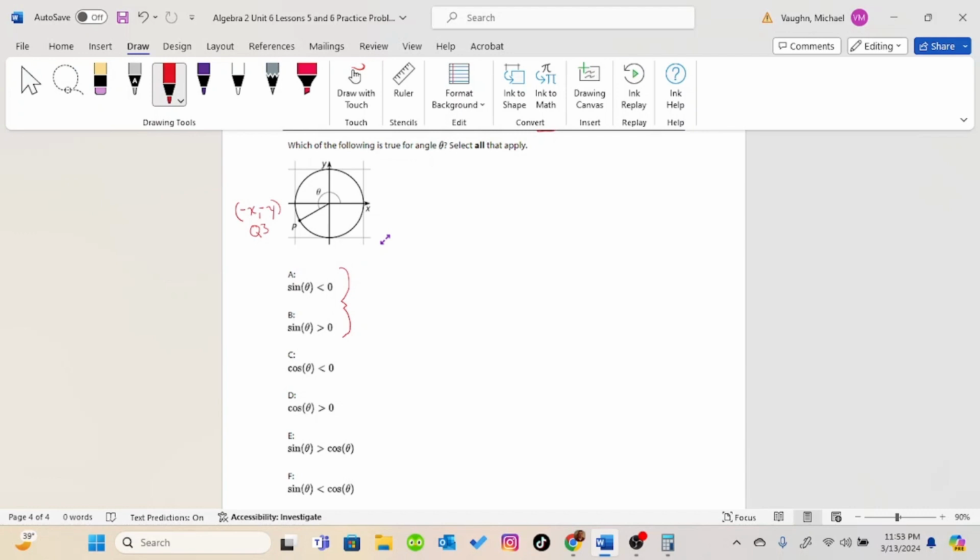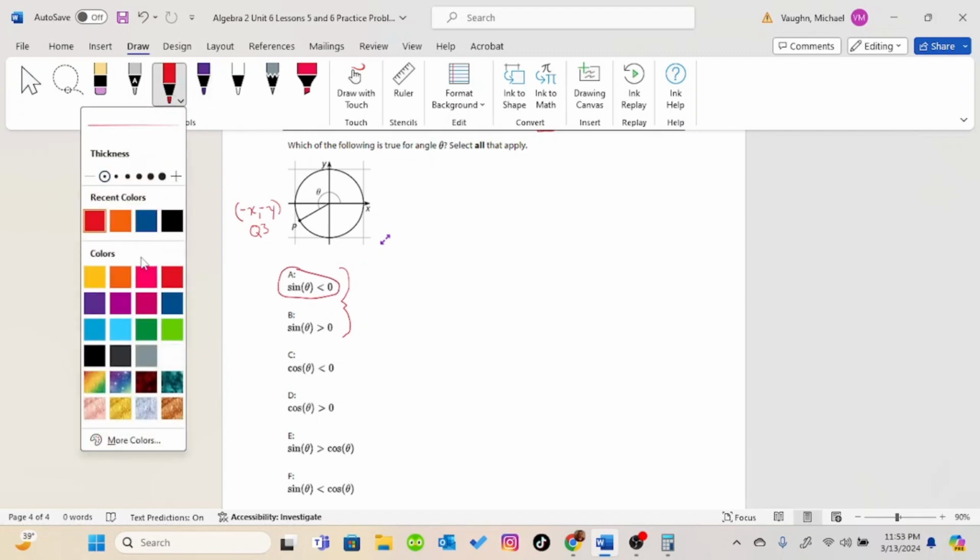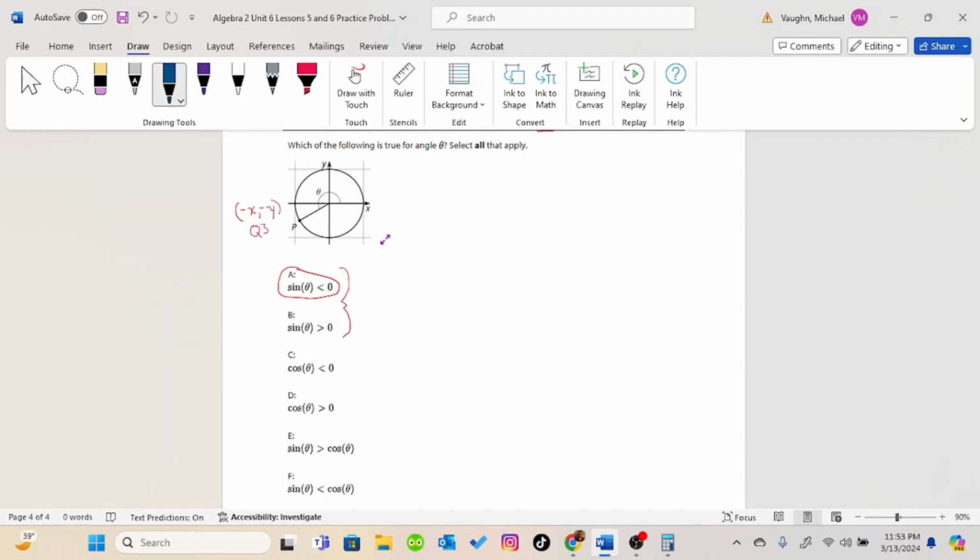And that's true. Our y value is negative, so A is correct. Then we have C and D. Only one of them can be true. Cosine is our x value, and our x value is negative, so cosine must be less than 0. So choice C is correct.